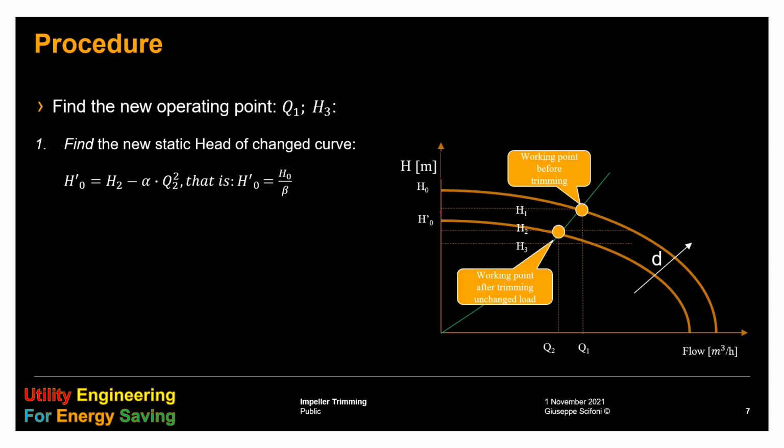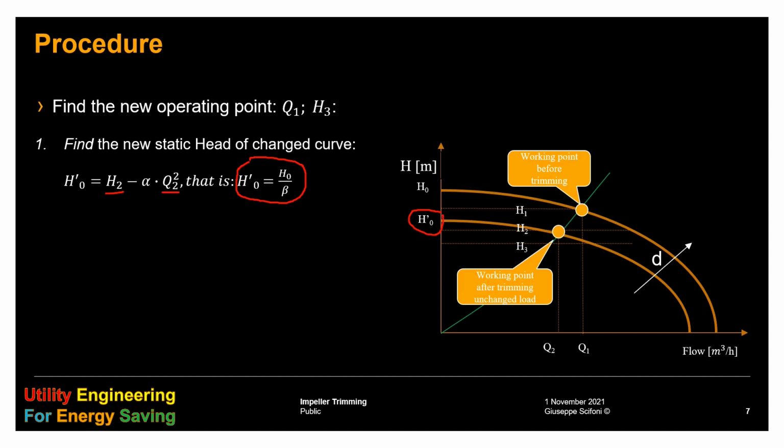Let's call it H0 prime. If we assume the shape of the curve does not change, alpha stays therefore the same, and by plugging the found values of H2 and Q2 in the formula of the new pump curve, we get the expression of H0 prime equals the old H0 divided by beta.